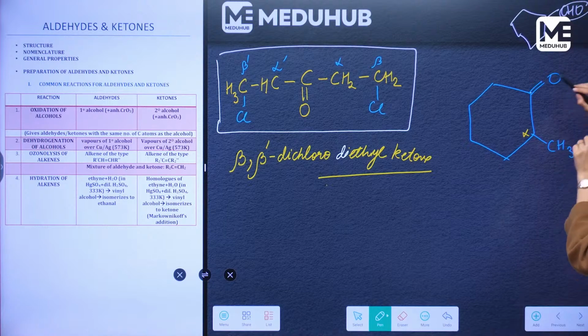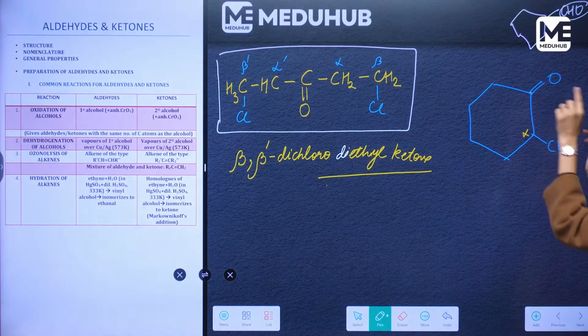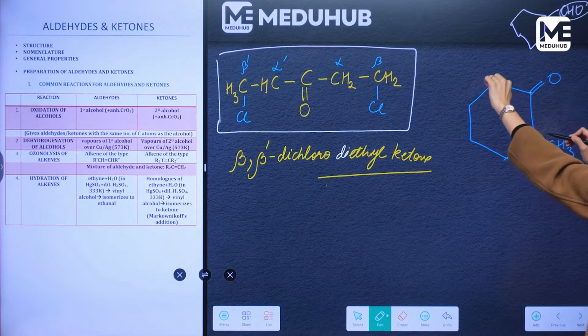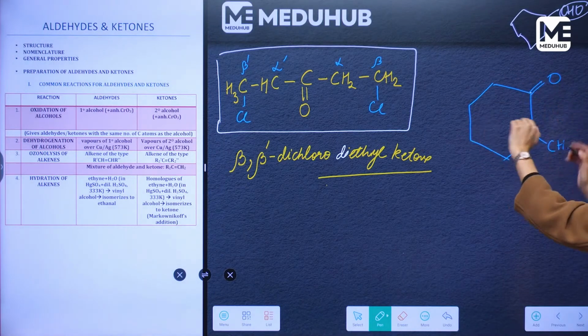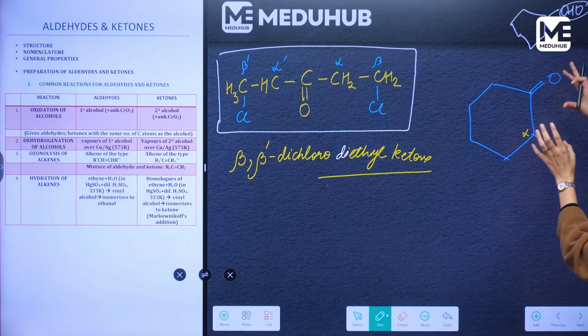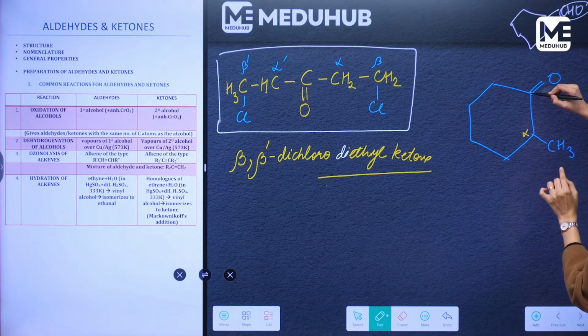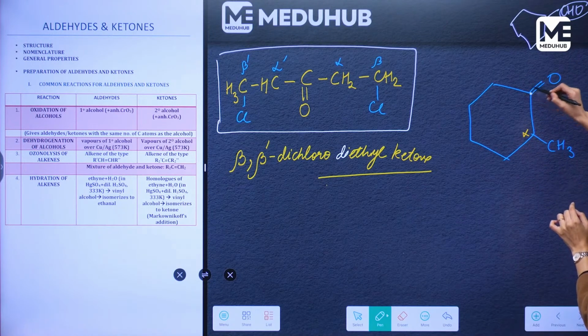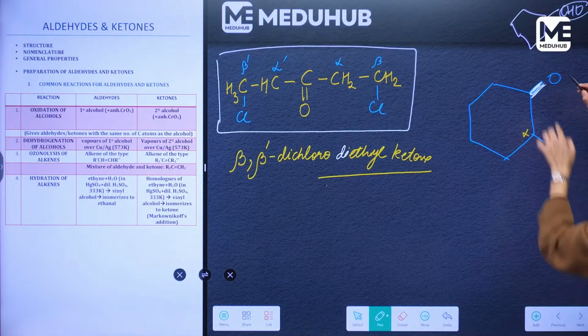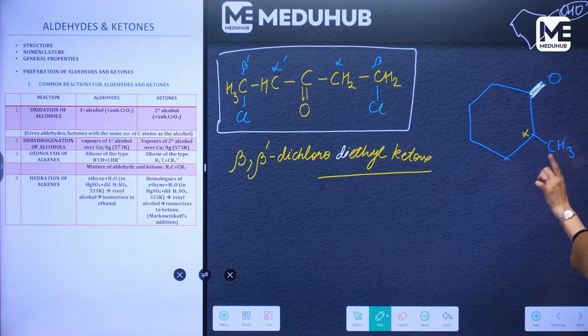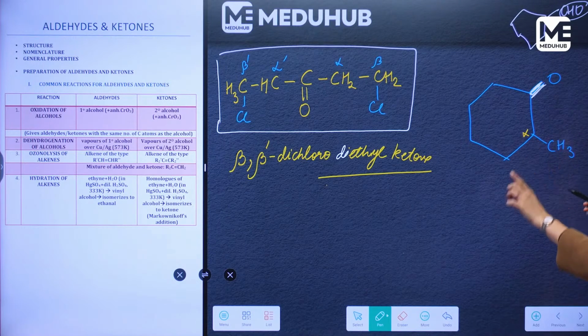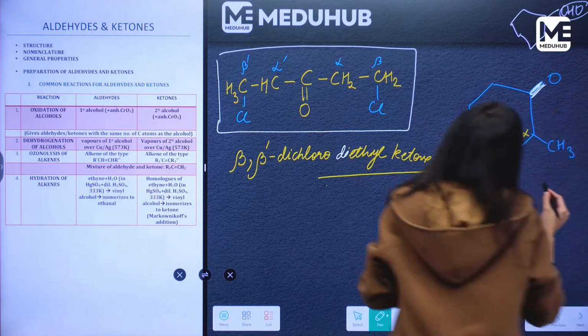But in a ketone, both the valencies of the carbon are satisfied by 2 more carbons, so the keto group will be inside the ring here. So this carbon will be the carbon to which the carbonyl group is attached, C double bond O.